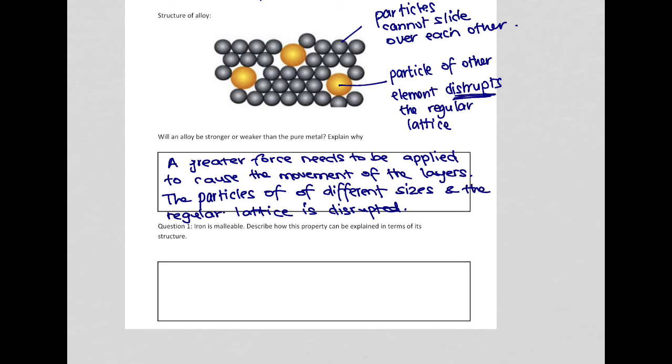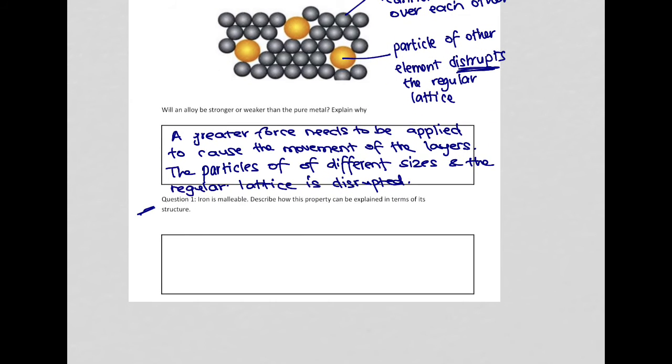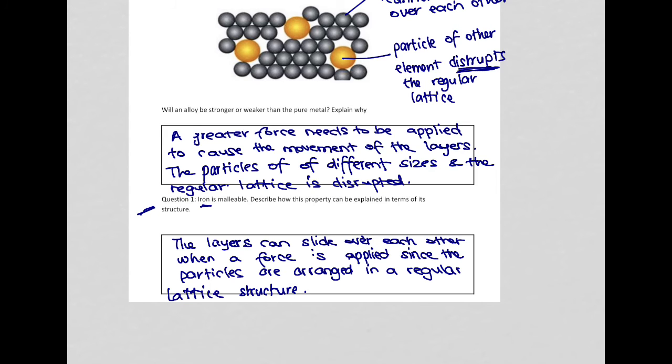Then you have another question. Iron is malleable. How can this property be explained in terms of its structure? So pure iron is malleable because the layers can slide over each other when a force is applied. Now, for these kinds of questions, please be very careful. Use the term particles. Do not use the term atoms.